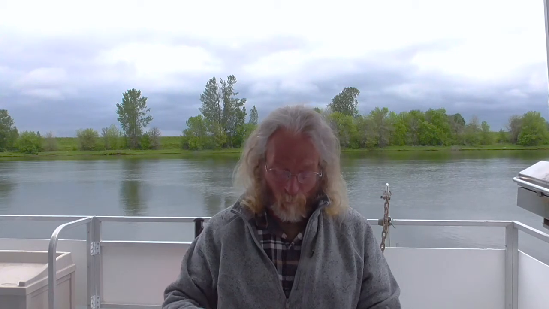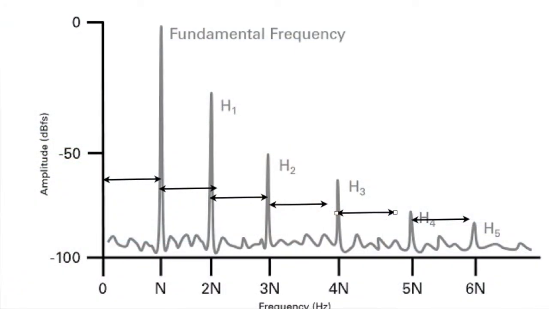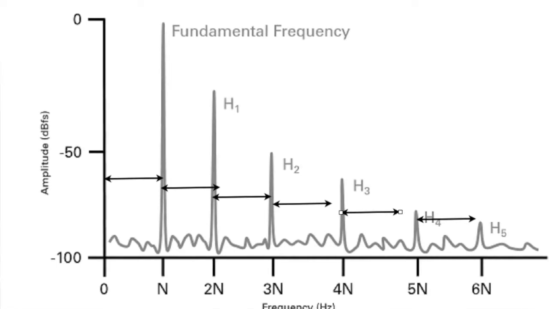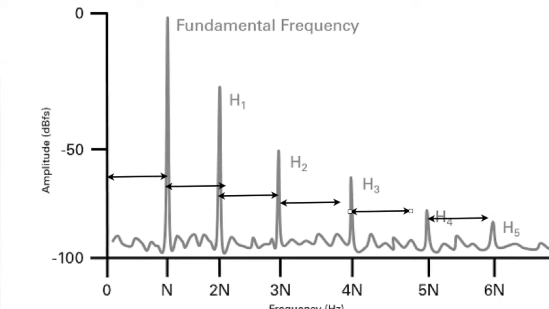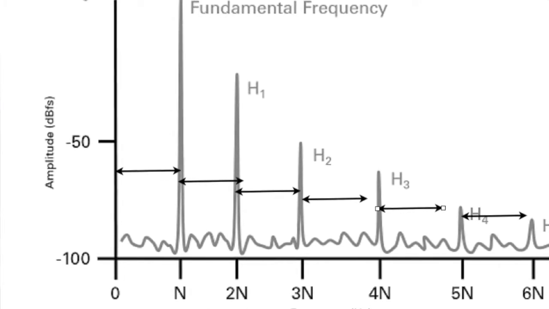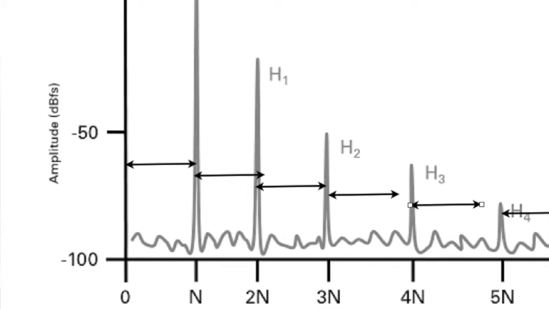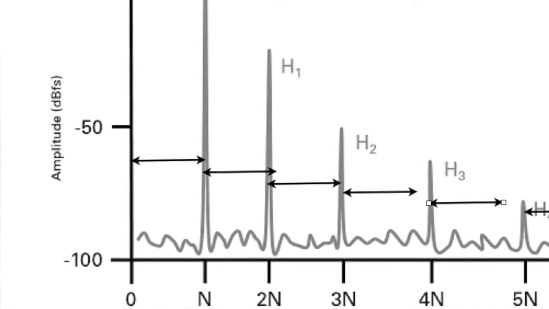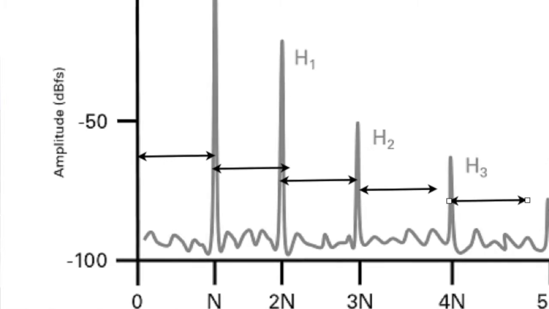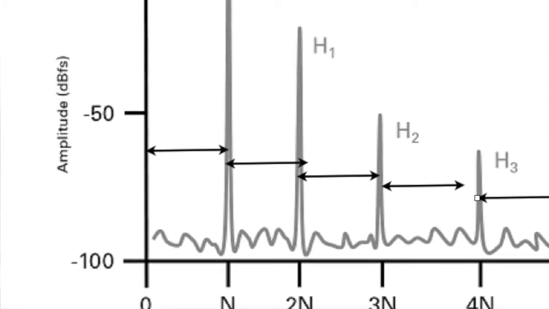But presuming that this is a normal spectrum, you'd expect the harmonics to be in the right order, with the second, third, and fourth harmonics. Yet the distance between the fundamental and DC is different than the distance between the fundamental and the second harmonic, what they call 2N, or also H1. The distance between N and 2N is different than between DC, 0 hertz, and the fundamental.